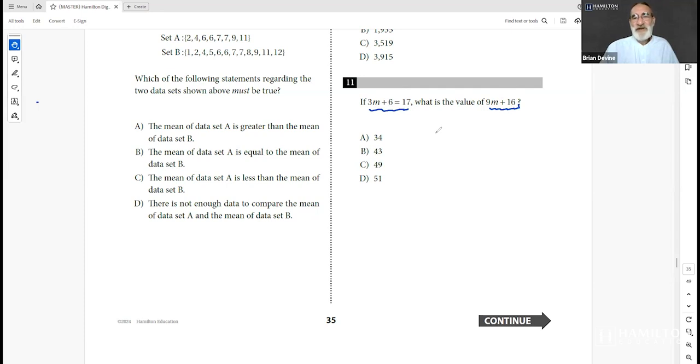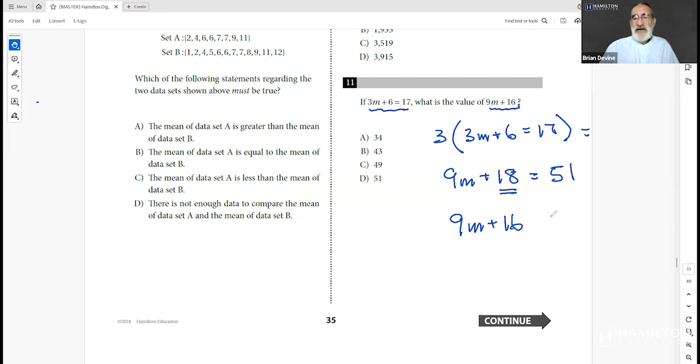So I'm going to take the whole thing and multiply the whole equation by 3 and see what happens. So that's going to be 9m plus 18 equals 51. And if I just take 2 away from this, I get 9m plus 16. So I'll take 2 away from that, and I get 49.